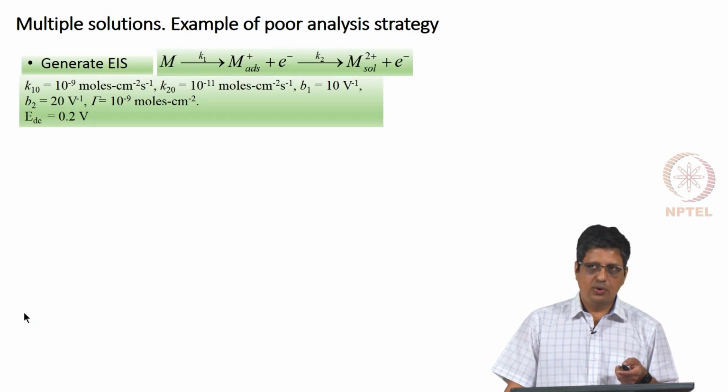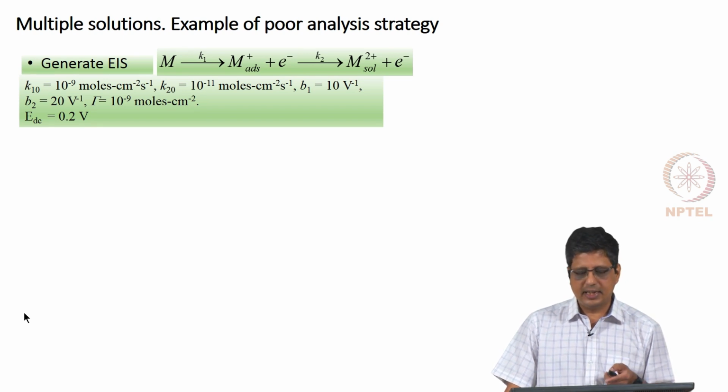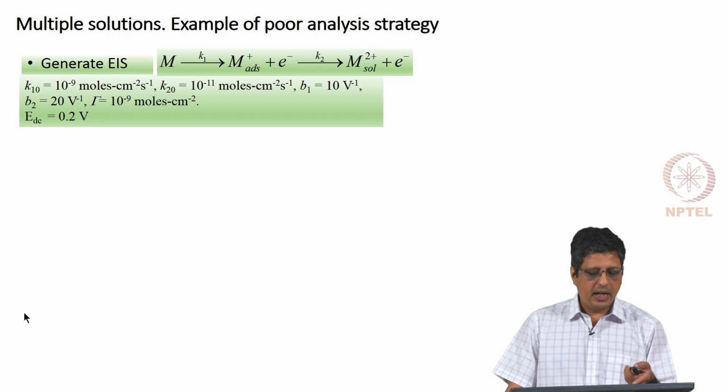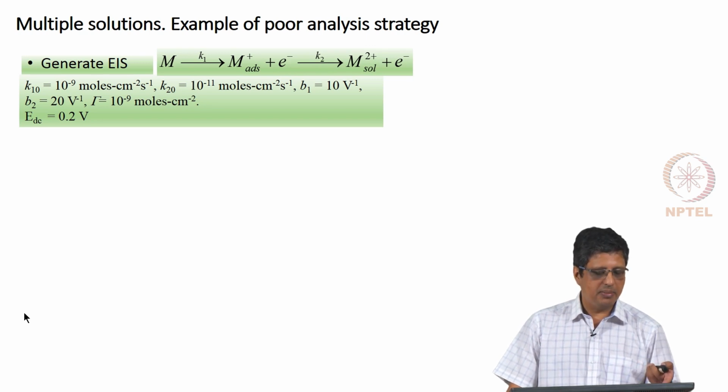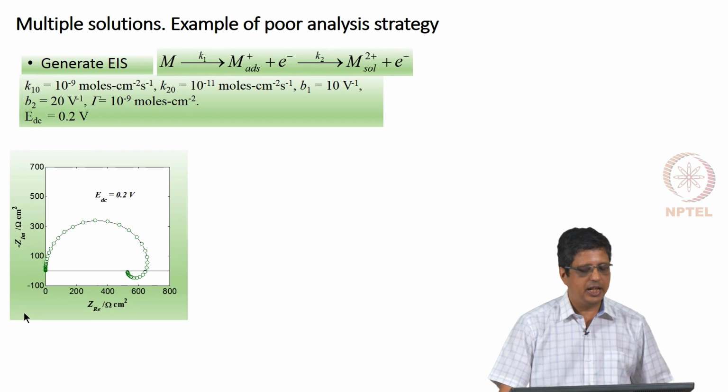One example to show that you should not use a limited set of data to analyze and extract kinetic parameters. I have taken this example reaction, metal going to metal adsorbed going to metal 2 plus in solution, and I have taken certain kinetic parameter values K10, K20, B1, B2 and gamma, and at some DC potential I have generated data.